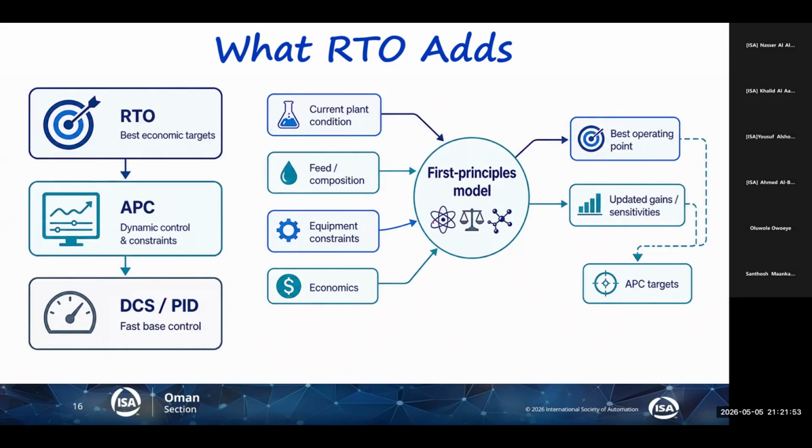The first principle model is based on physics and an iterative approach, which means it needs good data, because the solution should also take care that the first principles model, the RTO, is getting good data. Otherwise, it will not converge.